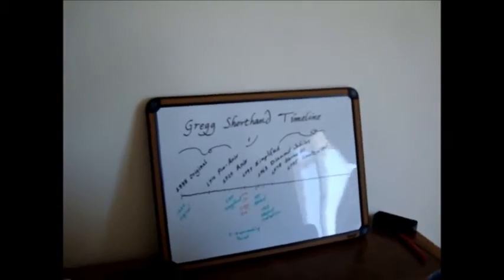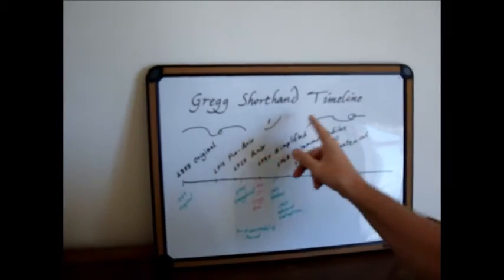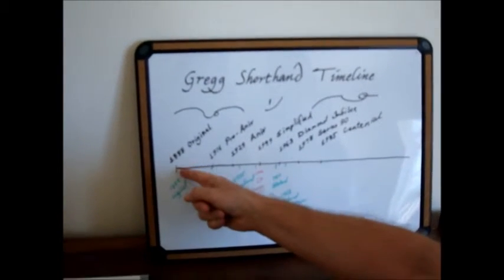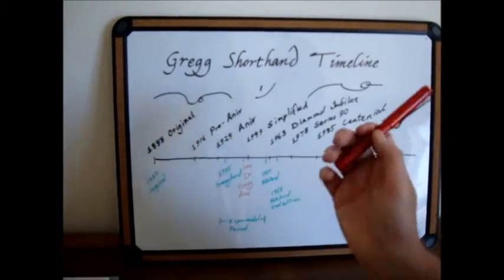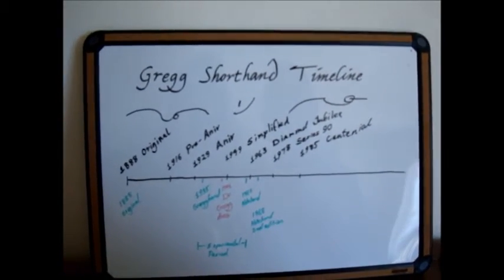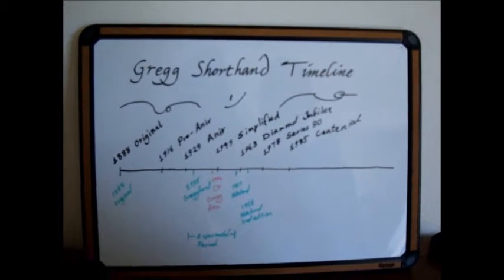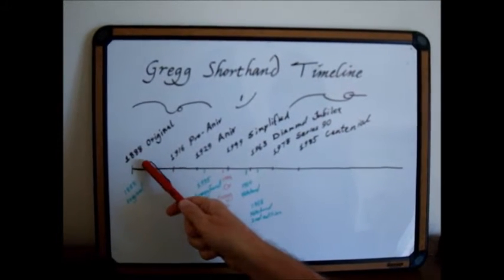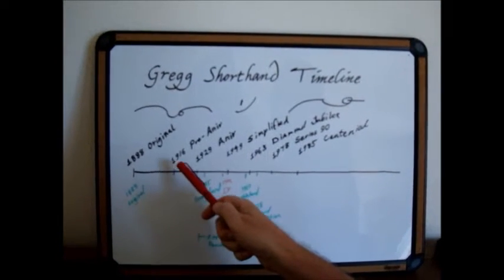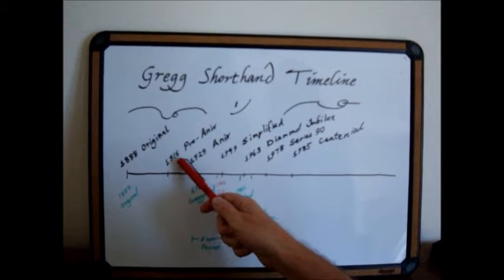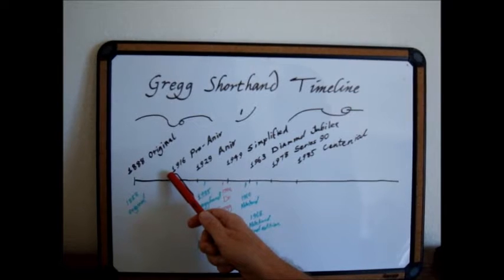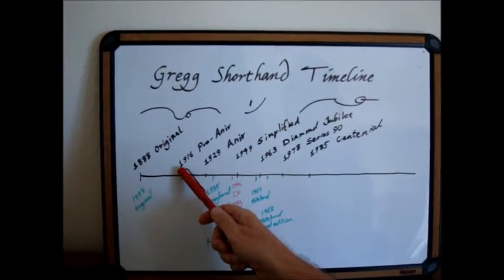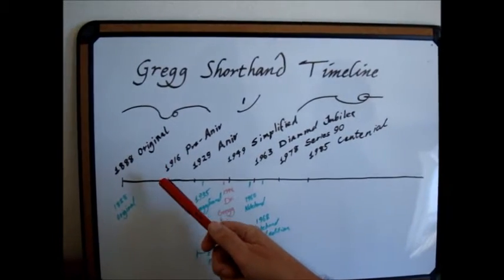Okay, so this is a Gregg Shorthand timeline starting from the 1888 original version of Gregg, and the black text on the top shows the well-known editions of Gregg Shorthand. Starting from the 1888 original, there were about 5 intermediate editions before the well-known 1916 pre-anniversary edition, and there was a lot of development of abbreviations and special rules to have things done more quickly here.